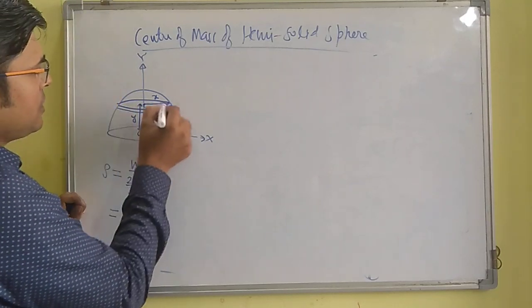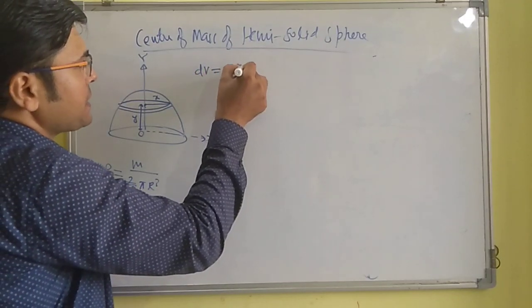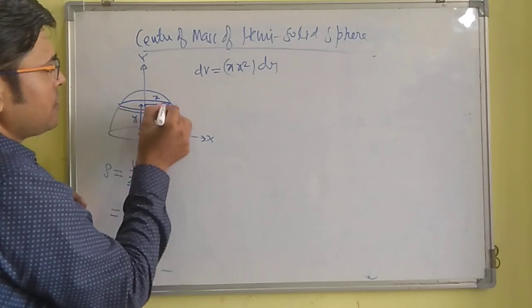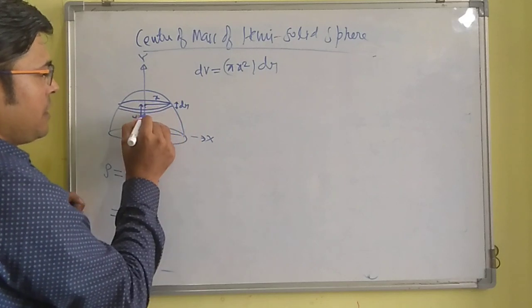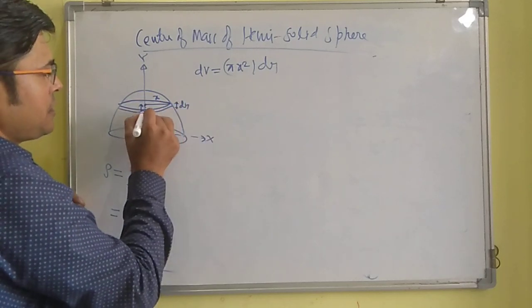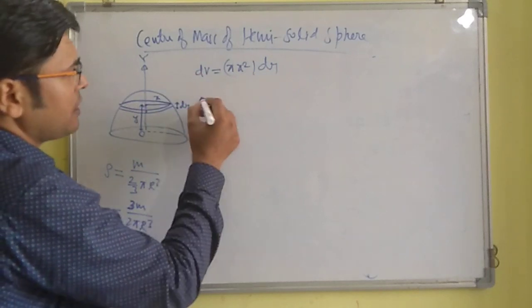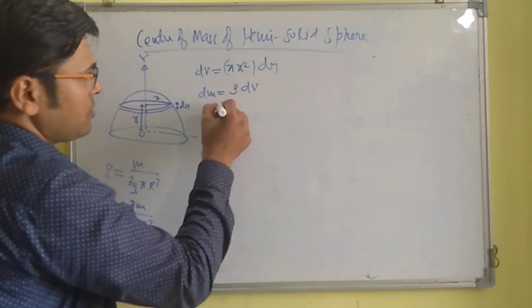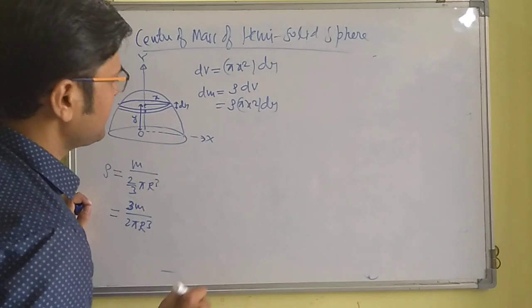So this differential volume would be how much? dV would be pi x square into dy. Pi x square is its surface area into dy is its thickness. This one is its thickness in the direction of y. This thickness is dy. So dV is pi x square dy and dm would be rho dV. That is rho pi x square into dy, right?